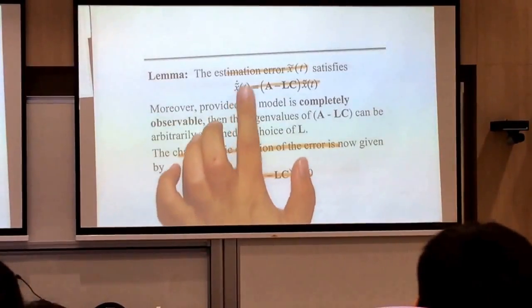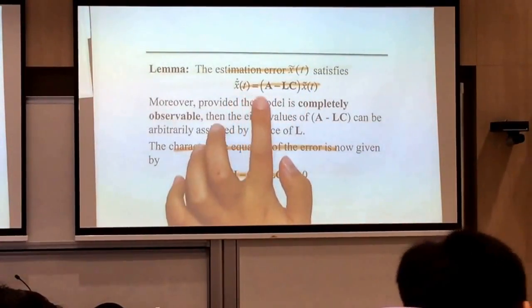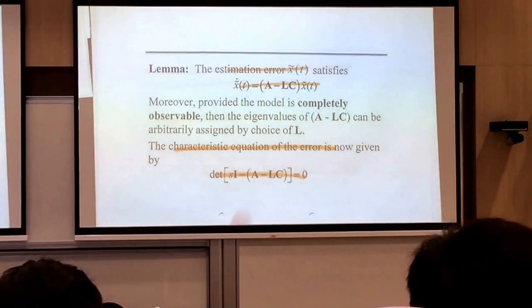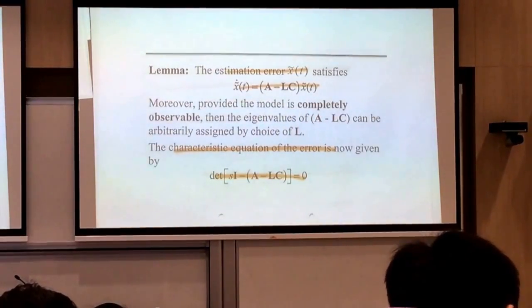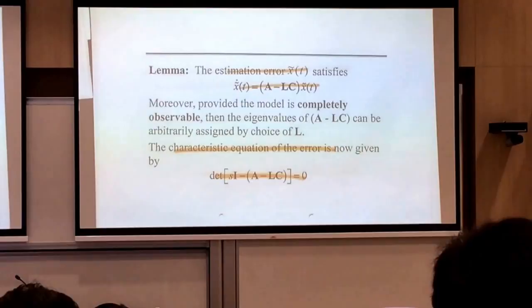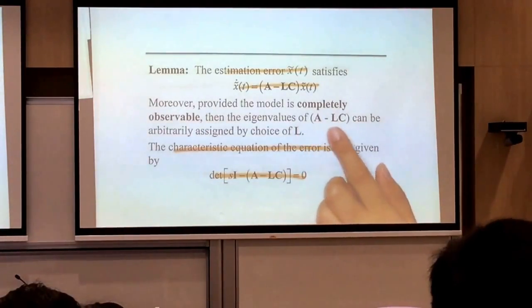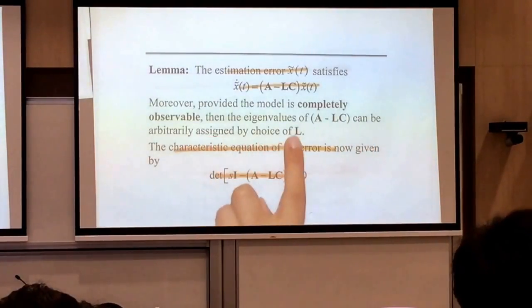So the estimation error x tilde satisfies x tilde dot equals A minus LC x tilde. Provided the model is completely observable, the eigenvalues of A minus LC can be arbitrarily assigned by the choice of L.